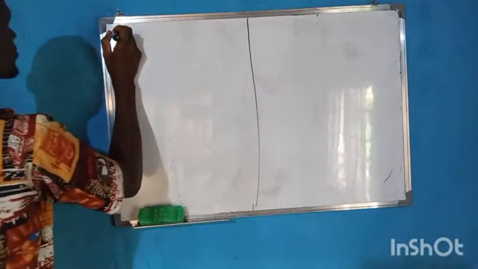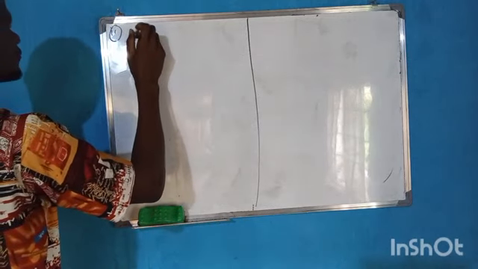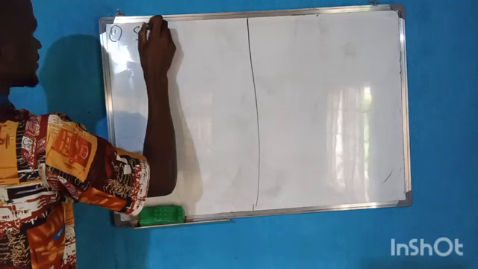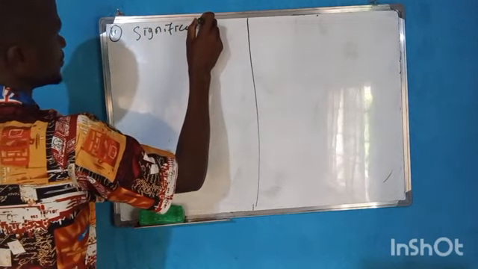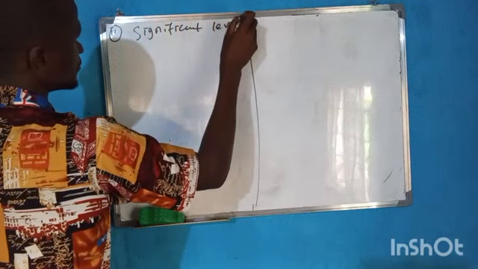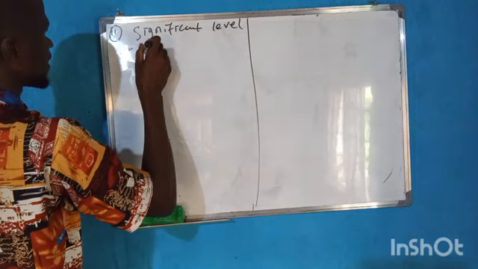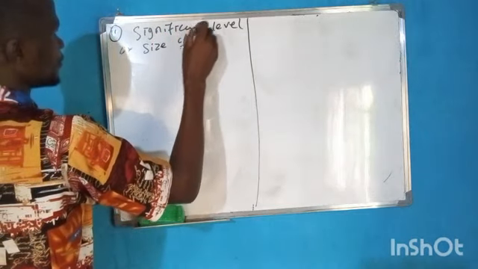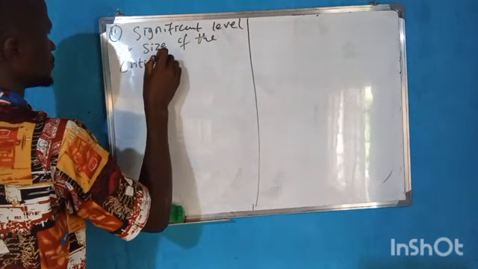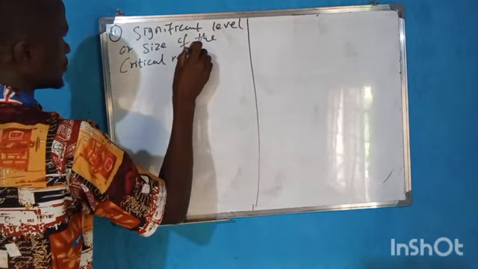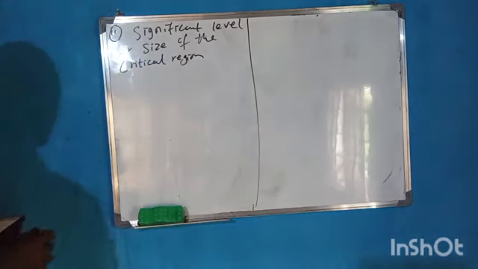The second question asks us to find the significance level or size of the critical region.